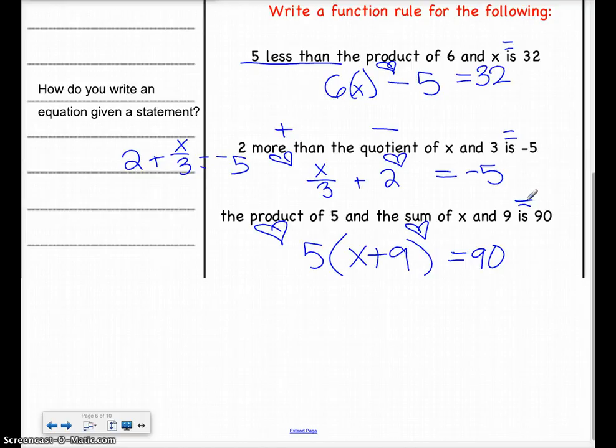So that's learning objective number 1 for writing a function rule. You've done this multiple times before. So this was more review, but the key here is that you are noticing vocab words, and that is means equals. That's the big takeaway from this little intro page.